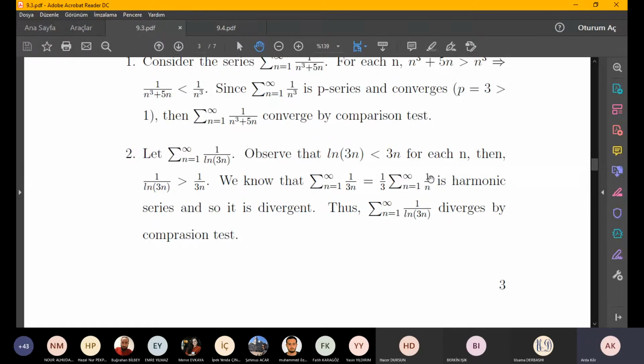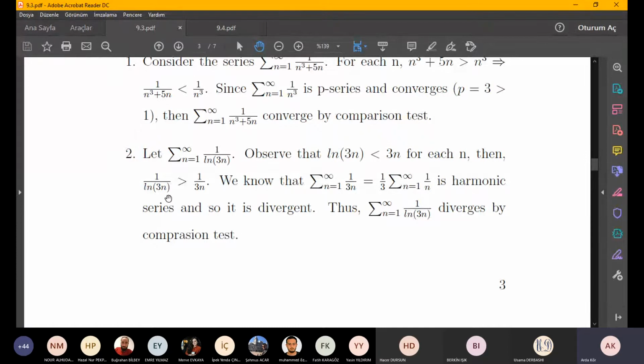This is the harmonic series we have seen last week. We already saw that this is a divergent series. So that makes the sum of 1 over 3n from n equals 1 to infinity divergent.